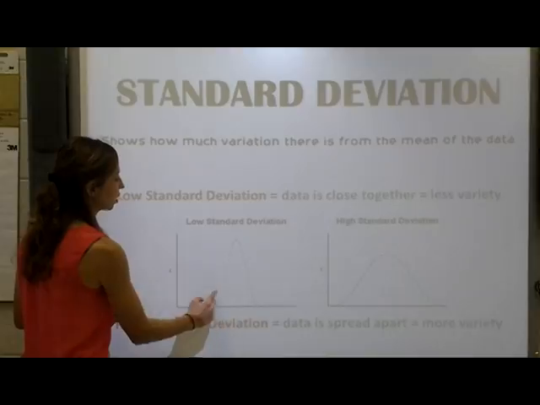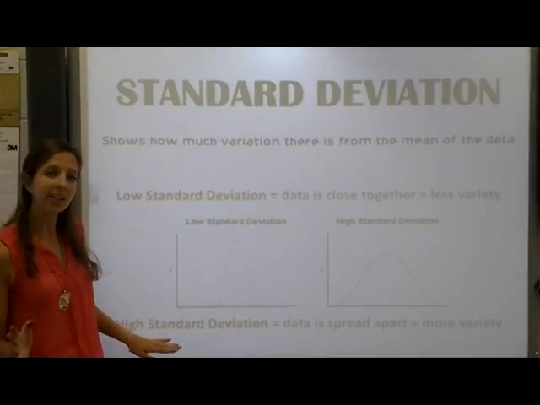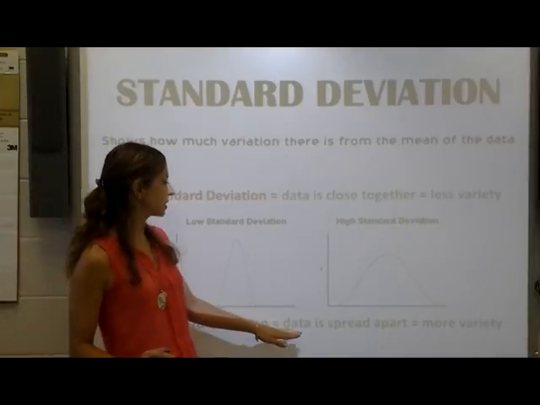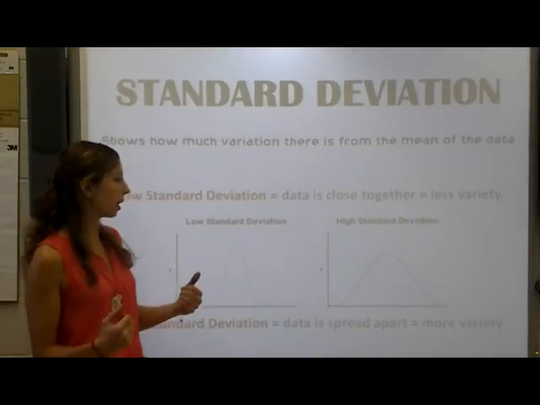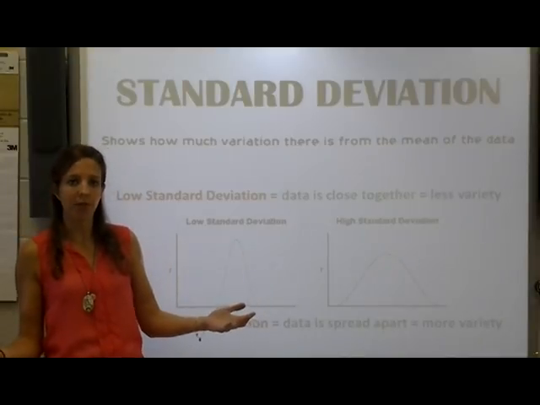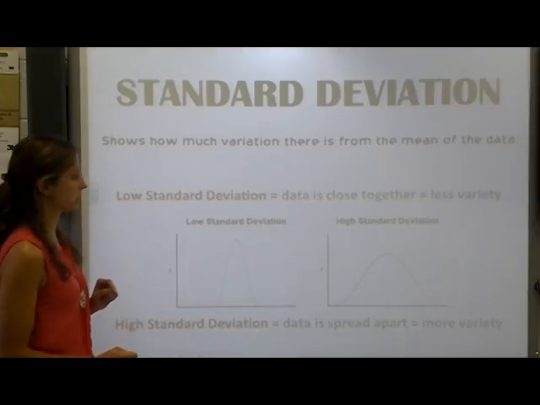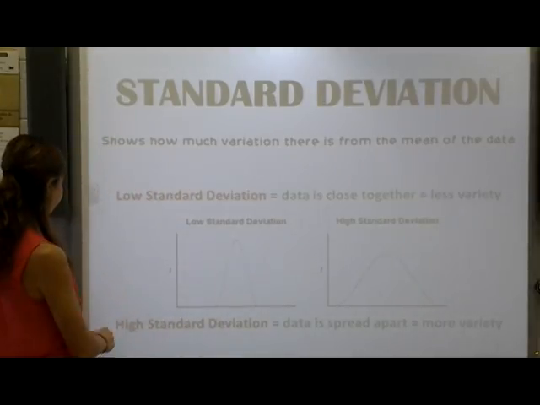Okay? This is a low standard deviation. Whereas a high standard deviation means that our data is more spread apart. There's more variety in the data that we're provided with. Therefore, you can see the data is spread apart more on that bell curve.